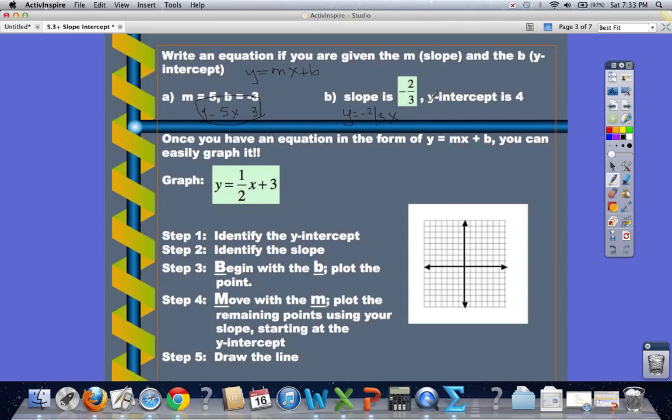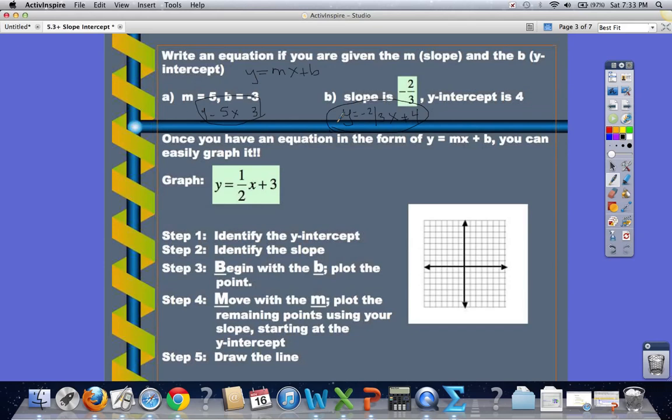And then the y-intercept in this case is 4, so that's going to be a +4. So that is your equation. Sorry, I'm trying to do this and look up at the same time.